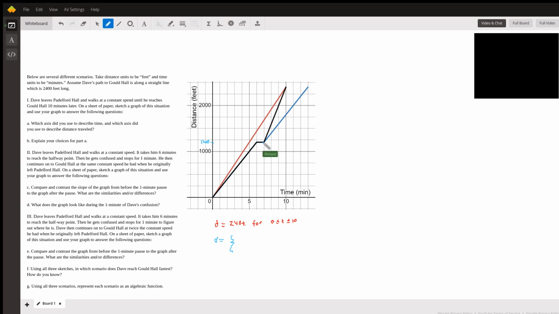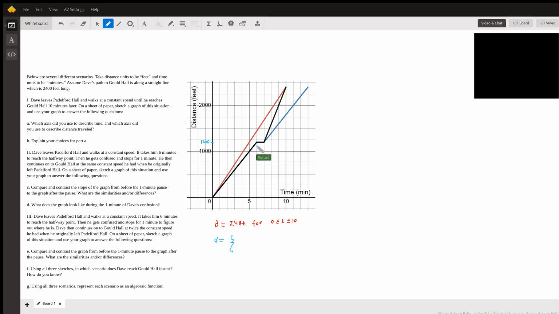He gets confused and he just stops. And then he travels on at the same rate of speed that he was traveling before. So to figure out his rate of speed, we just need the slope from here to here. So it's just 1,200 over 6.